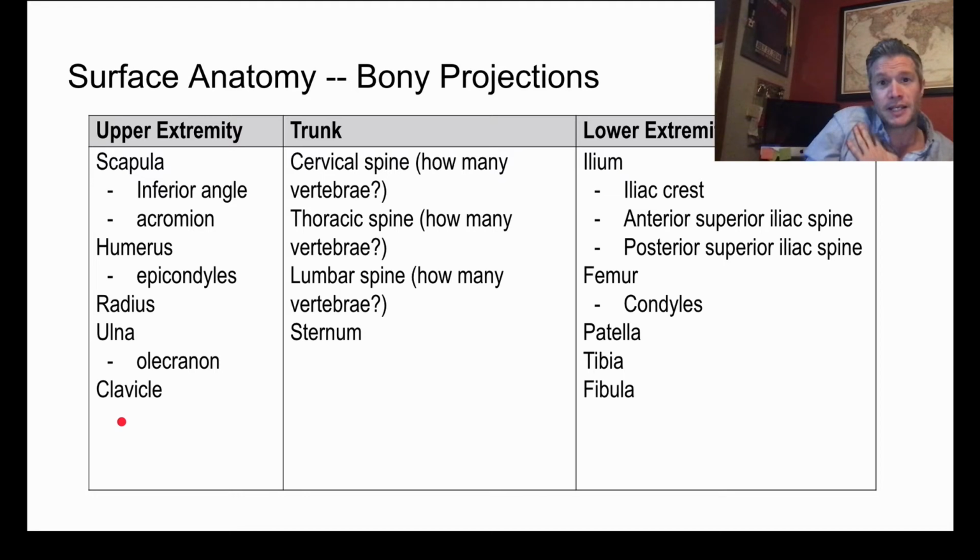So what ends up happening is you have a fall on an outstretched hand, or if you make an acronym of that, a FOOSH, and you fall, you get a large impact, it goes up through the arm, and you break your clavicle.